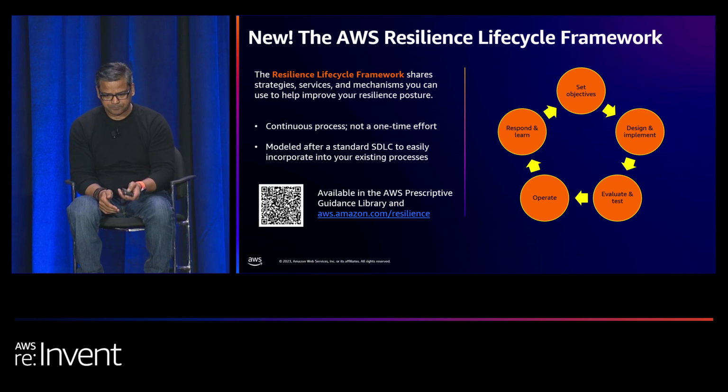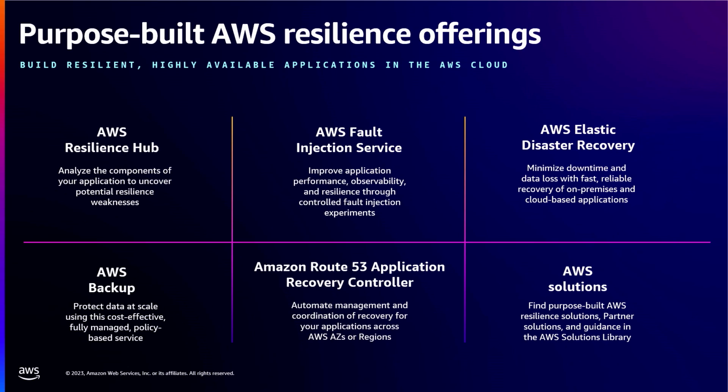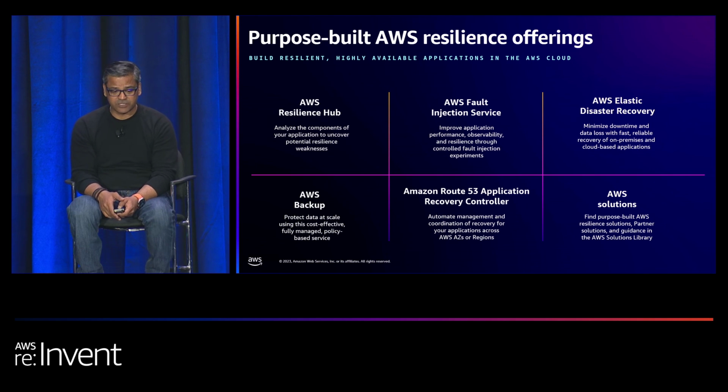And of course, besides this thought leadership, based on the feedback we get from our customers, we are also investing in different resilience offerings. A couple of them we did touch on in this presentation: Fault Injection Service, which can help you manage your chaos experimentation. We also talked about Route 53 Application Recovery Controller for routing controls and readiness checks.